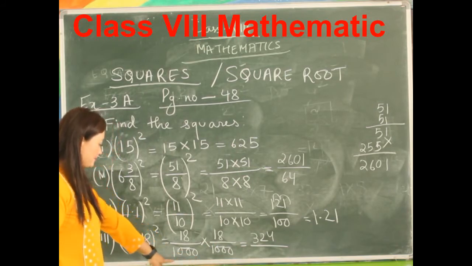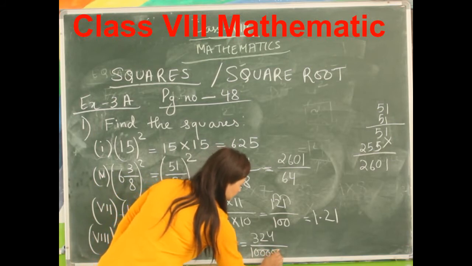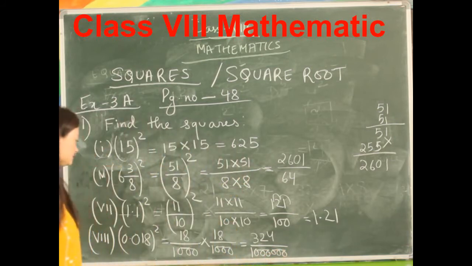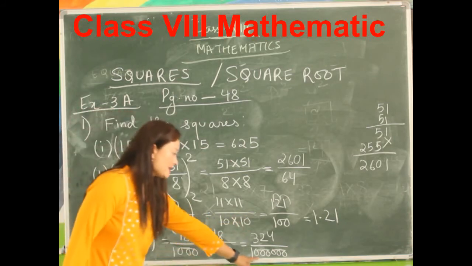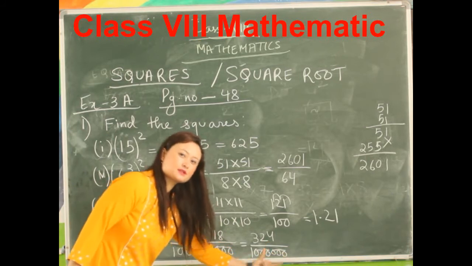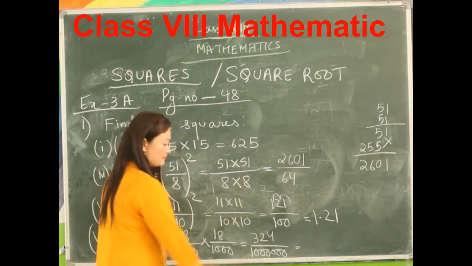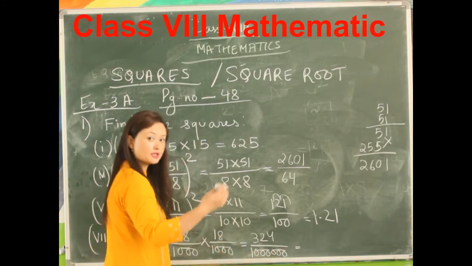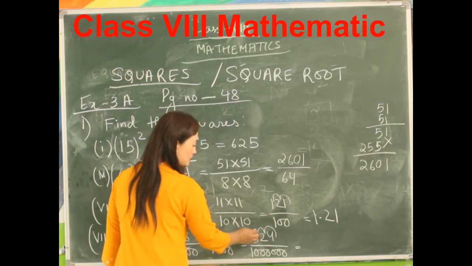When you multiply, what do you get? 1000 into 1000 is 10 lakh. That means 3 zeros, 3 zeros. Altogether 6 zeros. And if you have to convert this into decimal, you know very well, there are 6 zeros. Starting from the left hand side, you count 1, 2, 3.